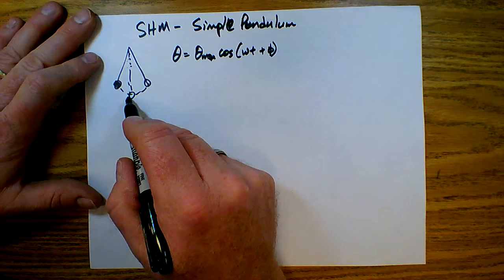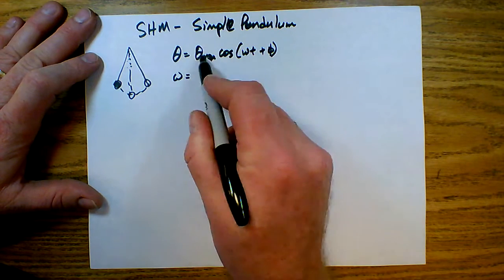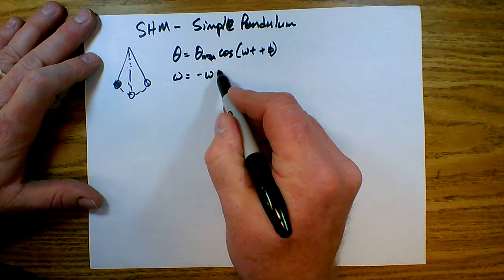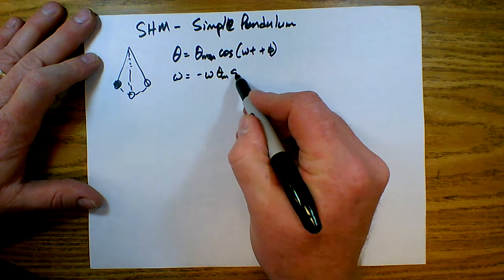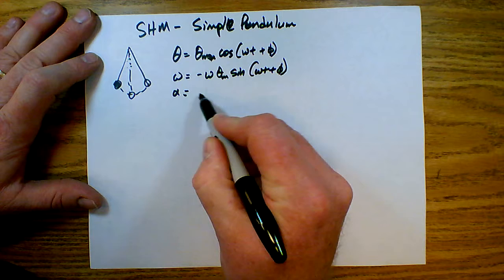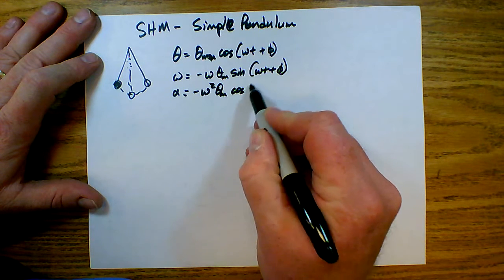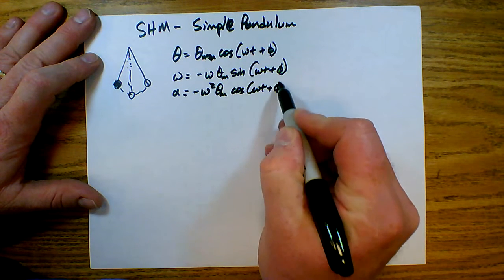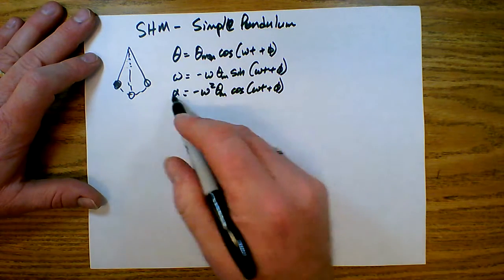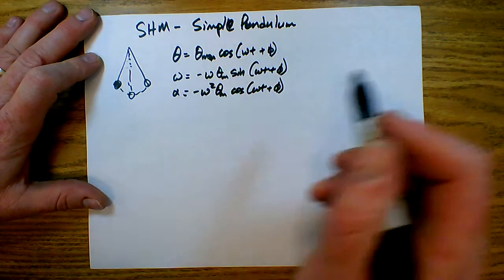Here the restoring force is the force of gravity. Omega is equal to minus omega theta max sine omega t plus phi. Alpha equals minus omega squared theta max cosine omega t plus phi. So you can see the form of the equations are very similar, but we're talking about angular displacement, angular velocity, angular acceleration instead of the linear variables.